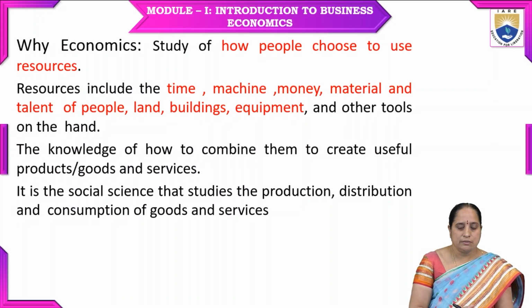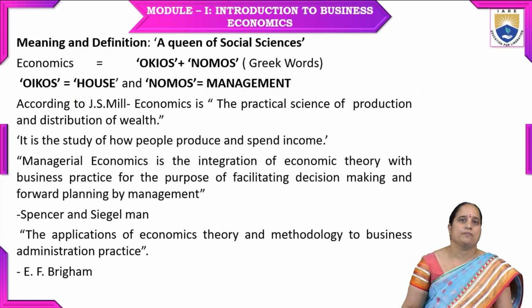That is the reason companies always work on how to utilize these scarce resources to the optimum level. The knowledge of how to combine them to create useful products, goods and services is the role of economics. It is the social science that studies the production, distribution, and consumption of goods and services.